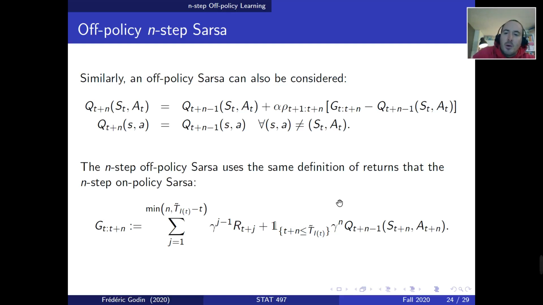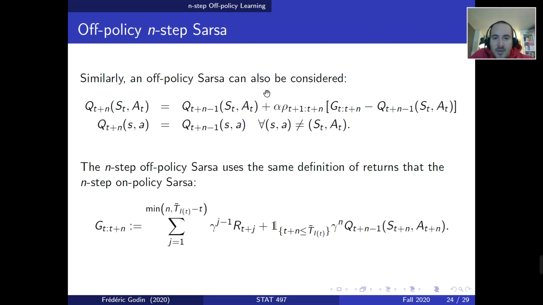If we go to an off policy sarsa algorithm, the algorithm looks like this. At time t plus n, whenever the n-step target is observable, we can refine the estimate of the state S_t and action A_t, which was current at time t. If we're at time t plus n, it's not current anymore. But at time t plus n, we can update the value of state S_t and action A_t through a similar type of formula.